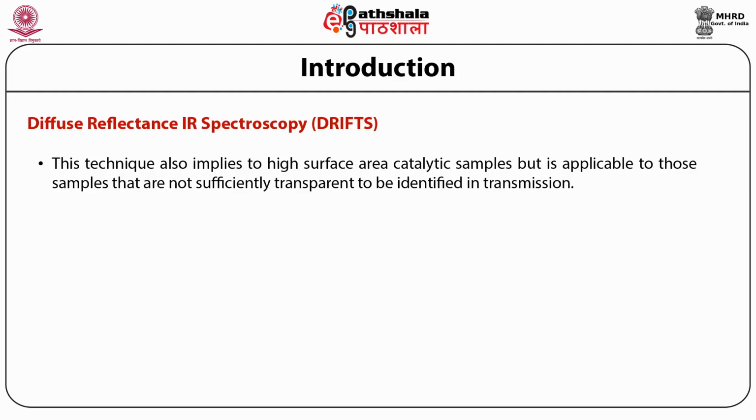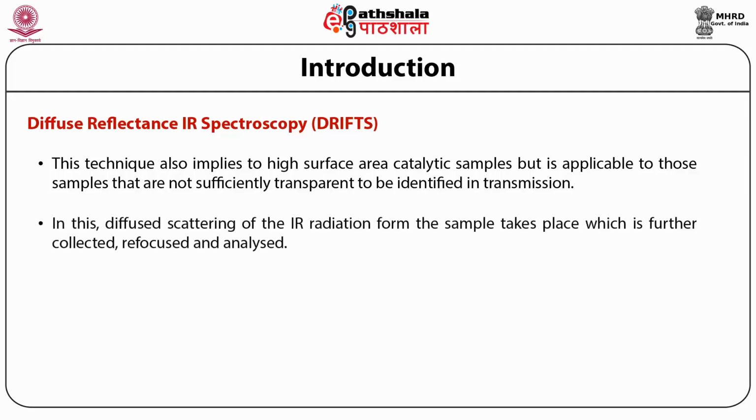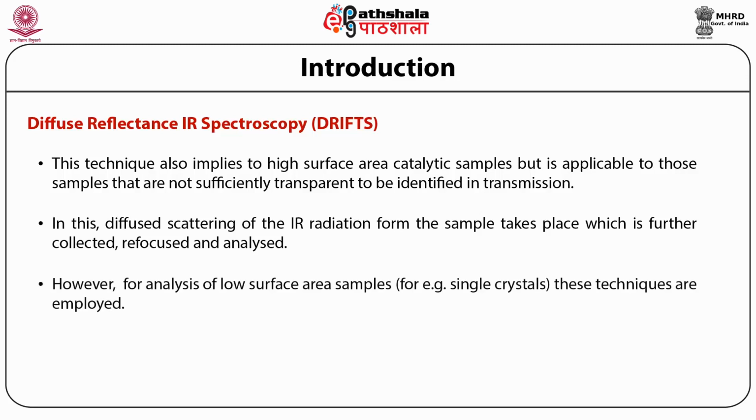In this, diffuse scattering of the IR radiation takes place for the sample that we take, which is further collected, refocused and analyzed. However, for analysis of low surface area samples, for example single crystals, these techniques are employed very efficiently.